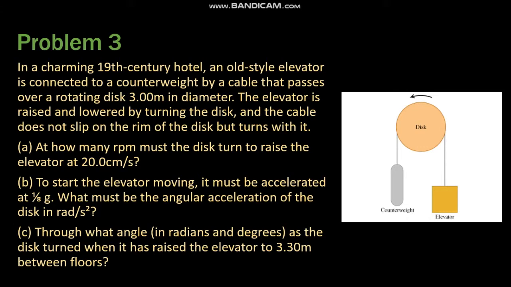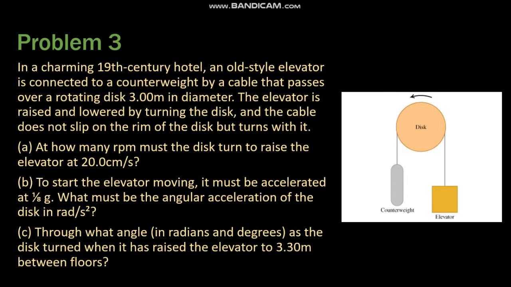For problem number 3, in a charming 19th century hotel, an old-style elevator is connected to a counterweight by a cable that passes over a rotating disc 3.00 meters in diameter. The elevator is raised and lowered by turning the disc, and the cable does not slip on the rim of the disc, but turns with it.